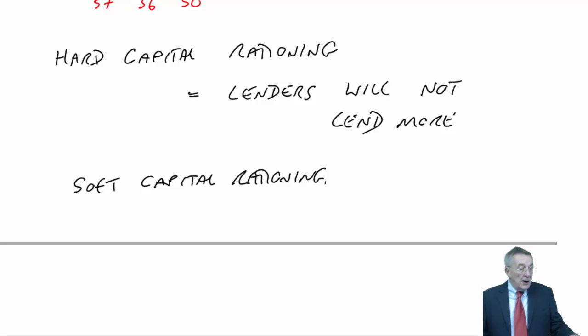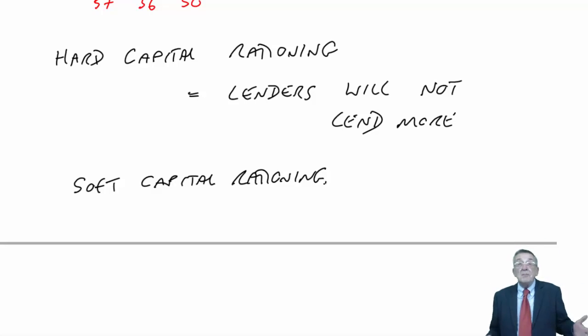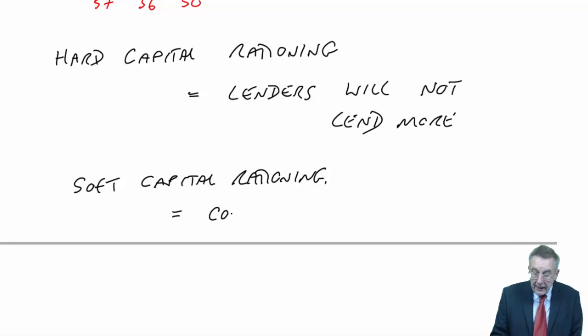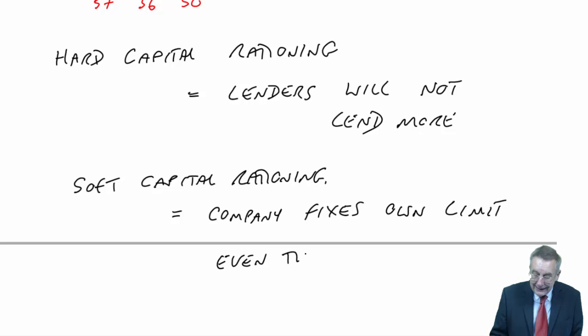Just because they might be able to borrow 1,600 doesn't mean they automatically will. They'll decide how much they're prepared to borrow. So soft capital rationing is when the company fixes its own limit, even though they could borrow more.